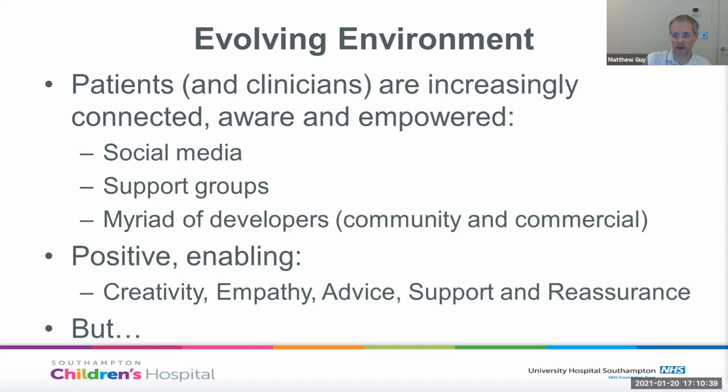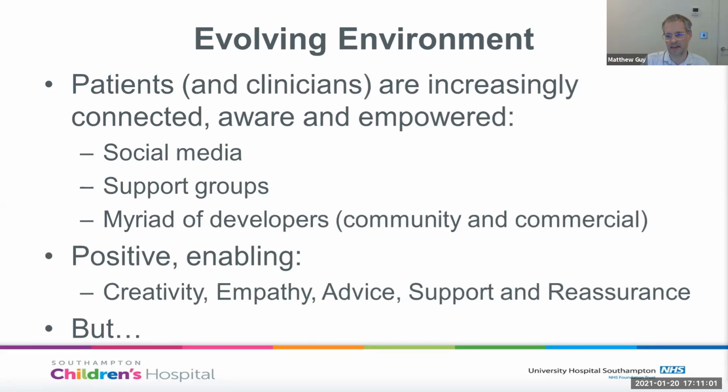But patients and clinicians are increasingly connected, increasingly empowered and aware of what can be achieved, leveraging social media, leveraging support groups, as well as now, through that connectivity, having access to umpteen developers who are genuinely keen to help, either from a community or from a commercial perspective.